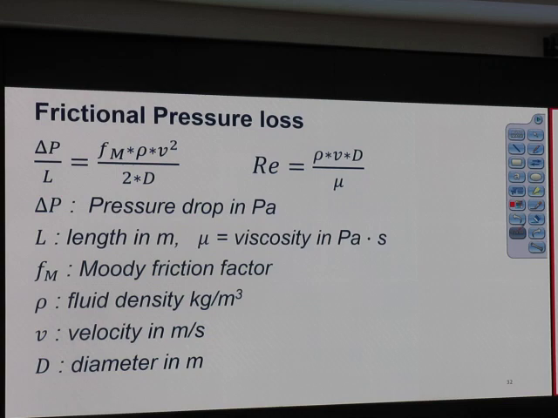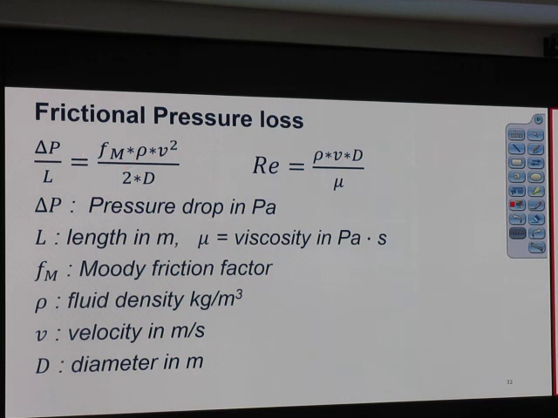The pressure drop per unit length doesn't need to be the same as this equation. It could be more, okay? It could be a lot more, okay? Or sometimes it could be less, depending on the inlet shape, all right? So this equation, most of the time, is for fully developed flow. If we want to calculate developing flow, this F sub m has to be modified.